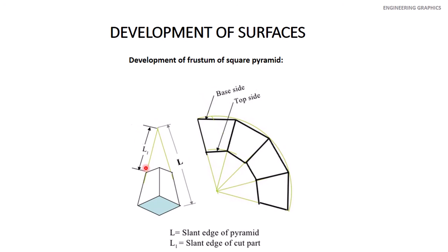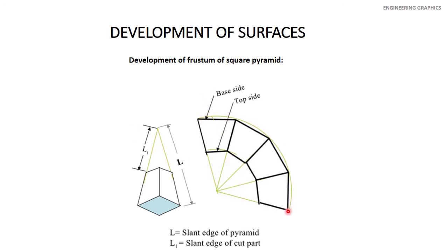Similar to the previous problem, we can solve it. First, take this length equal to L, the slant edge of the pyramid. Now take this point as a center and L as a radius and draw this outer arc.